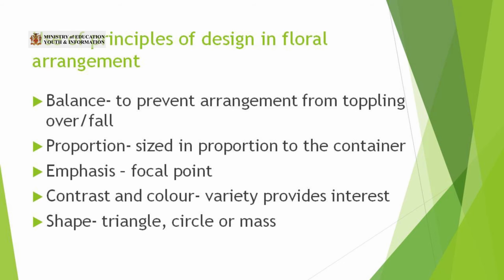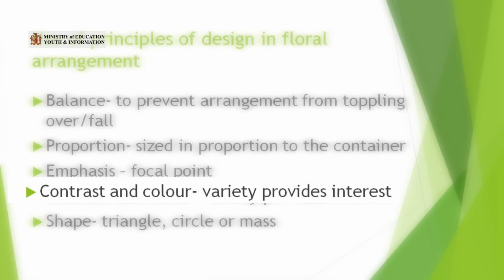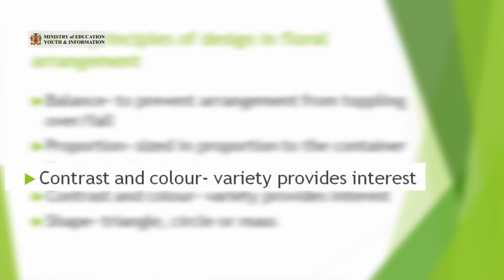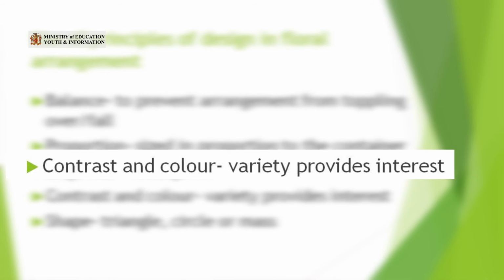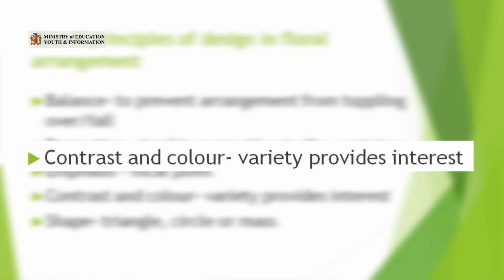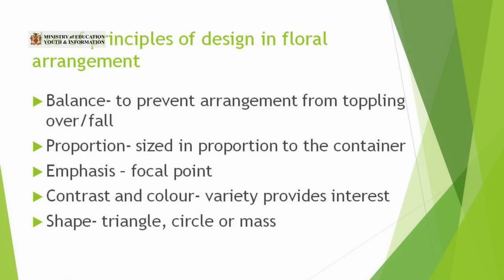There you have your emphasis. The next principle of design that we're going to talk about is contrast and colors. You need variety that provides interest to persons who are going to walk inside of the room to look at your beautiful vase on your table.